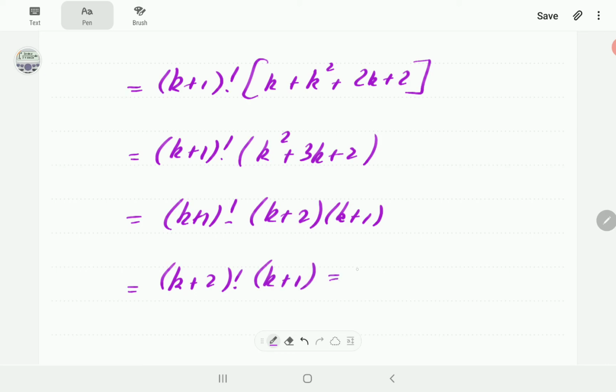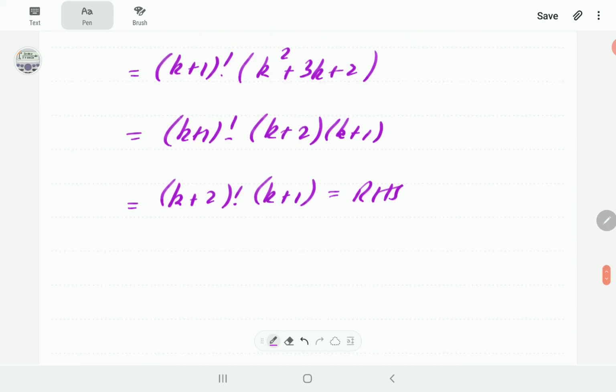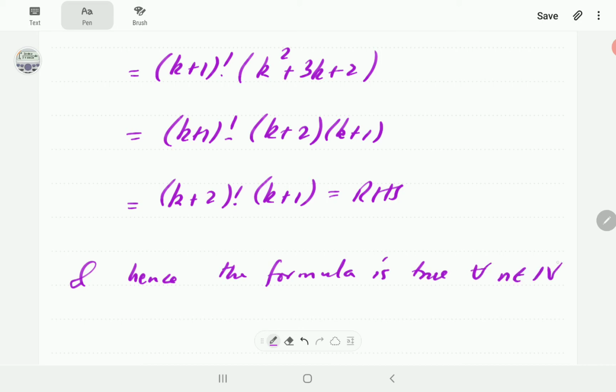So this is the same as the right hand side, so the formula is going to be true. Hence the formula is true for all n that are natural numbers.